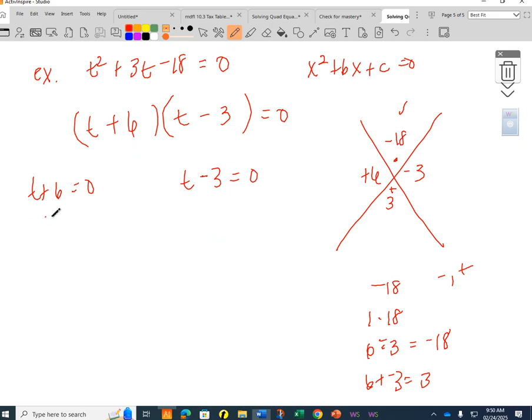You should all be able to solve these 1 and 2 step equations pretty quickly. And so the solutions to this quadratic equation are negative 6 and 3.